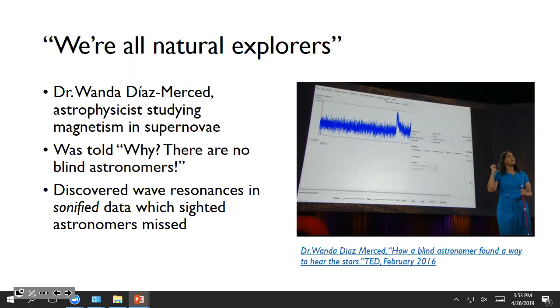Because sighted astronomers were looking at the graph, at the big spike in the graph, and thinking that everything else in that data set was what astronomers literally call noise. It's just random data that goes up and down without any significant information in there. But in the sonified version of that data, there is actually a pattern, which she discovered with that process.